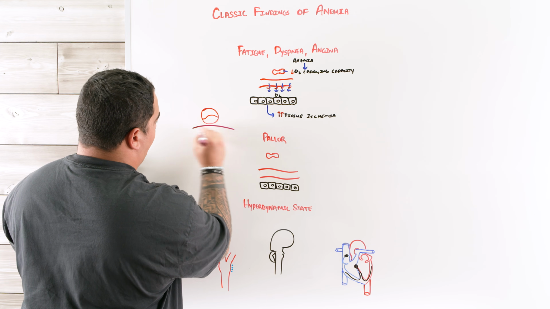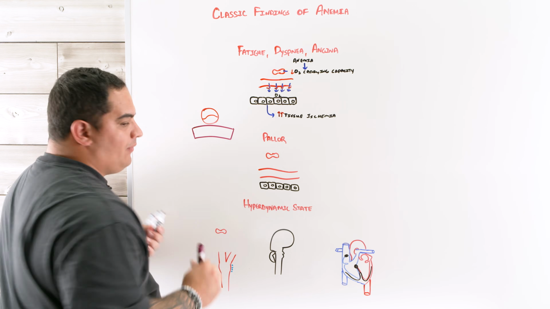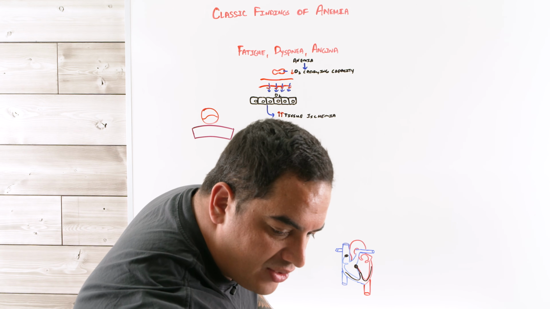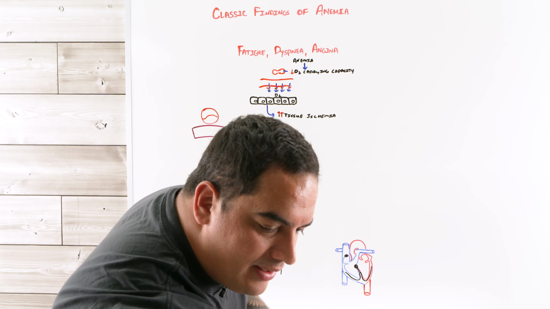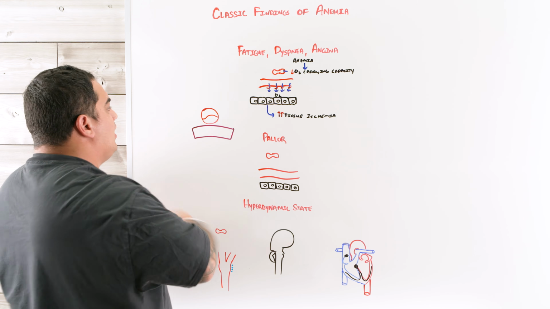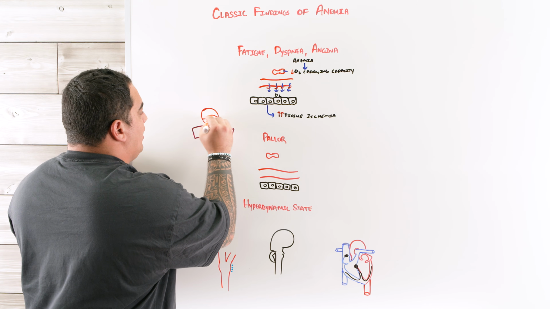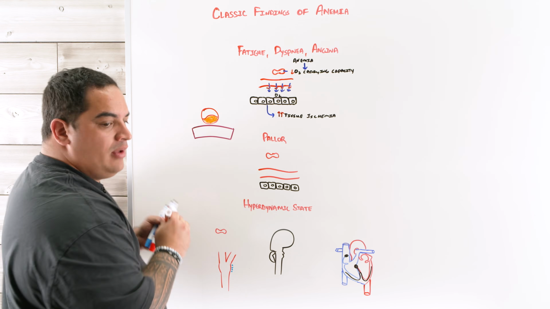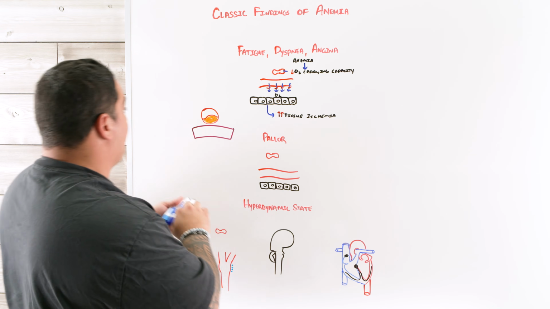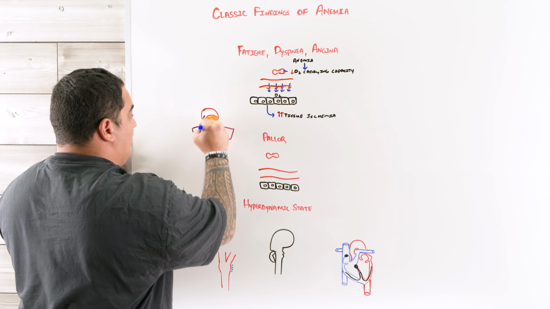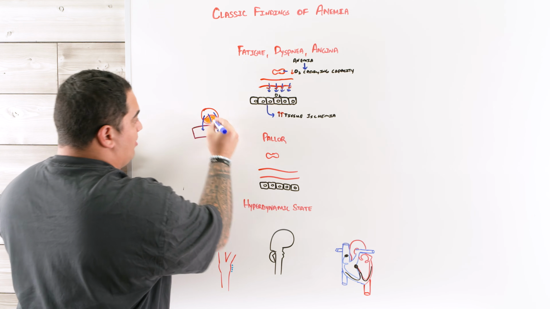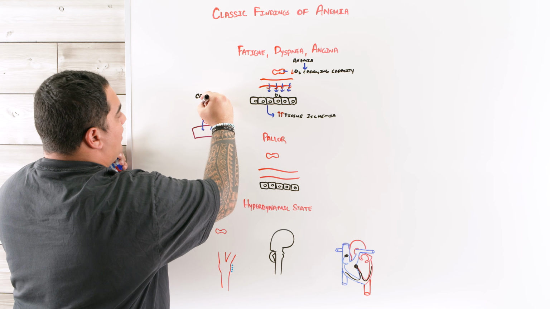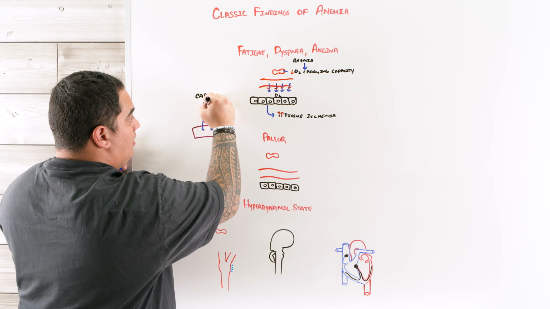If they have this plaque, and I'll use this orange here to represent it, let's say it's occluding the coronary artery. That's going to cause a reduction in oxygen supply. So already in a patient who has CAD, there is a decrease in O2 supply because of luminal narrowing, right? So if a patient has coronary artery disease, you already have a decreased supply of oxygen.